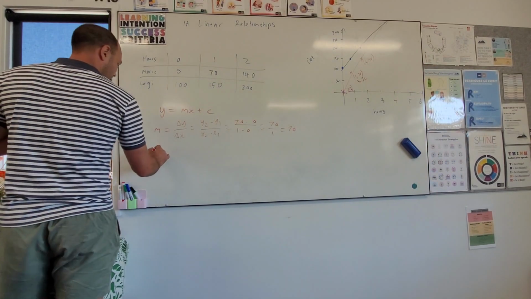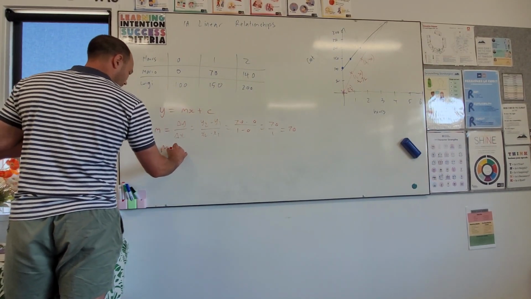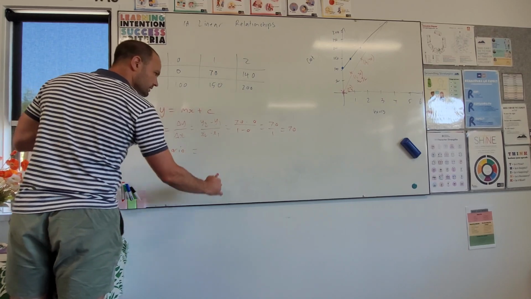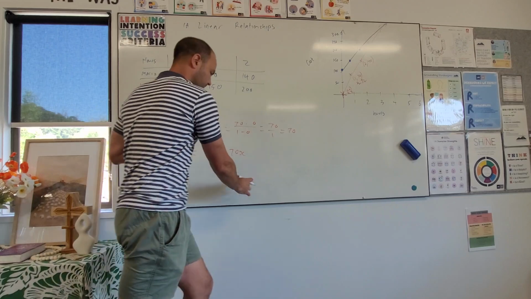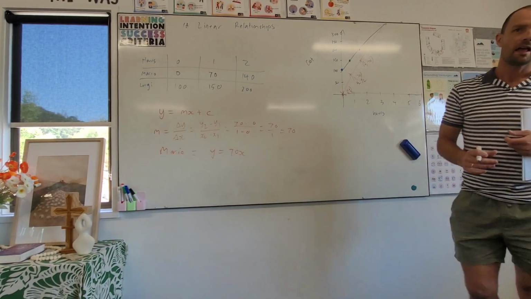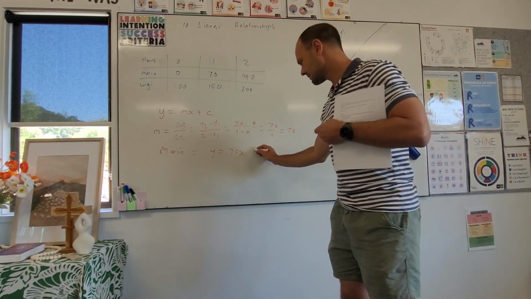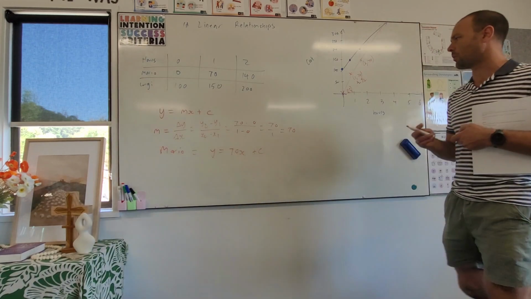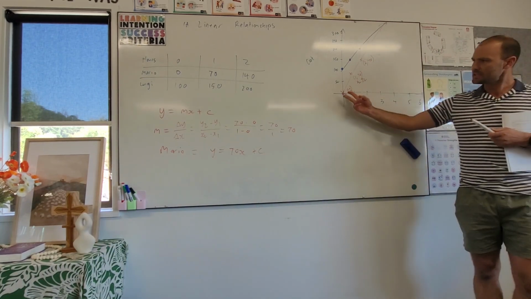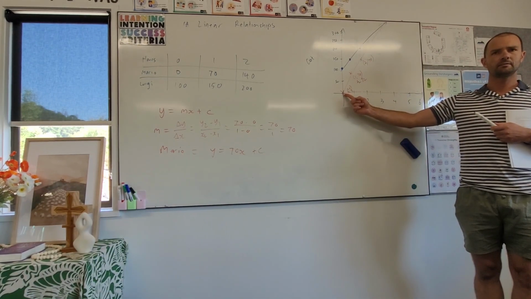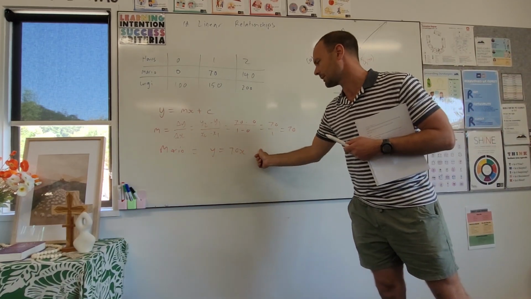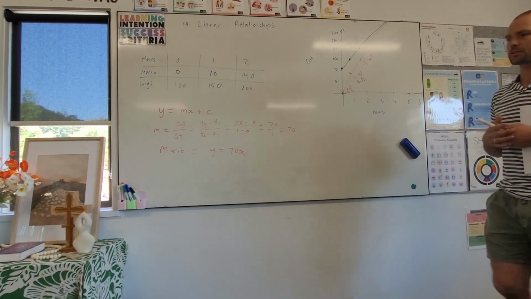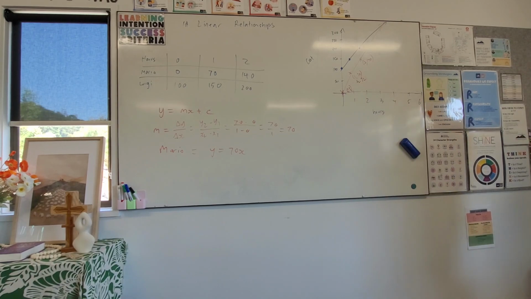So the equation of Mario's line, I'm going to write Mario in red, is y equals 70x. So we've got mx, and then we would have plus c, right, where c is the y-intercept. But what is the y-intercept of Mario's line? 0. Okay, so we wouldn't even bother writing plus 0. We just write Mario's line is y equals 70x.